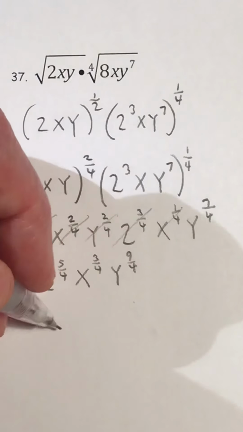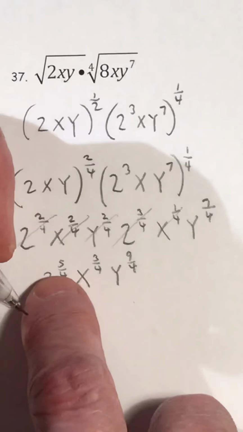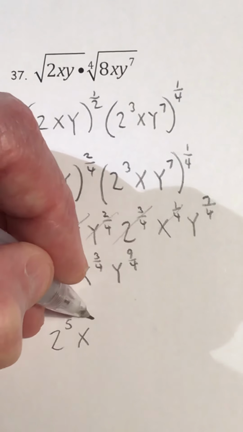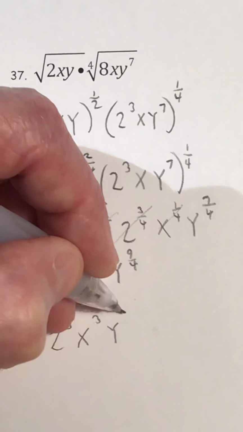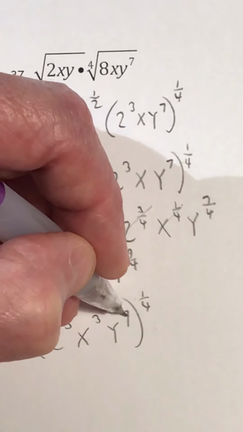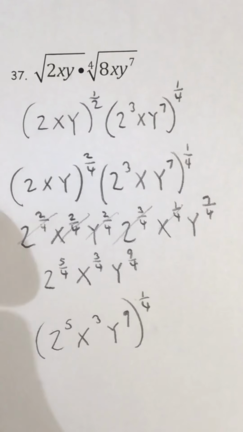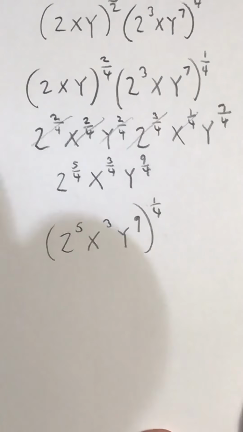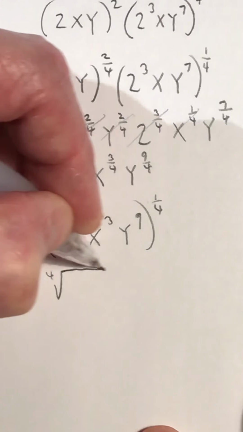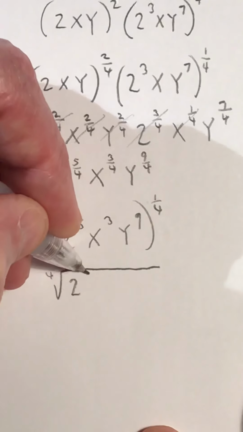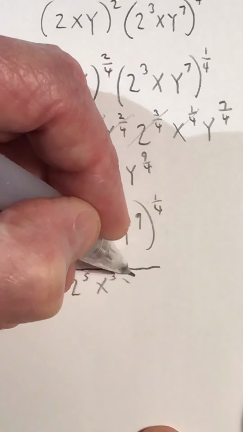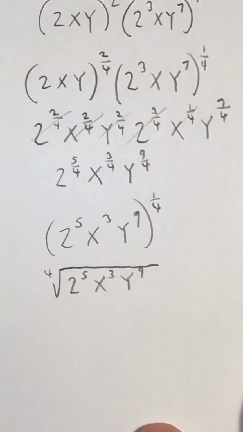And now I can think of this as 2 to the, I'm using the numerators, 2 to the 5th, x to the 3rd, y to the 9th, all to the 1/4 power, which in turn becomes the 4th root of 2 to the 5th, x to the 3rd, y to the 9th.